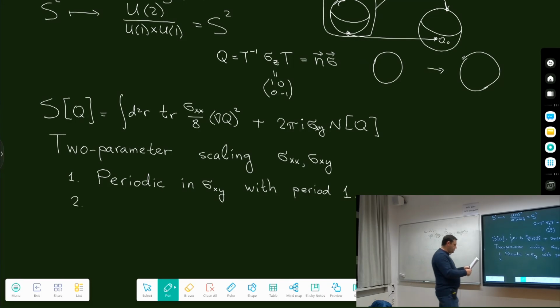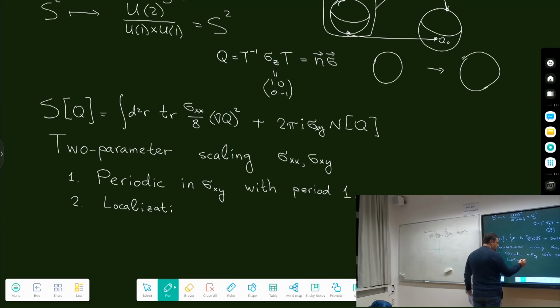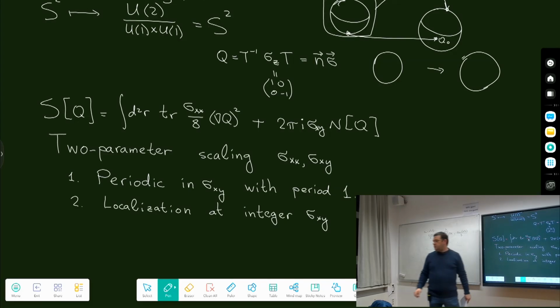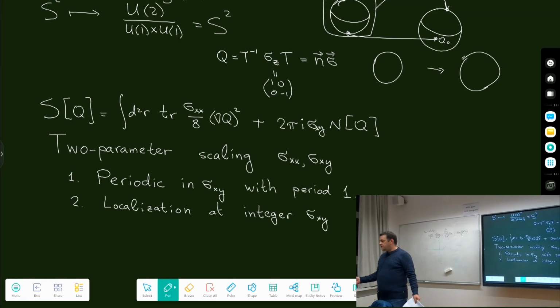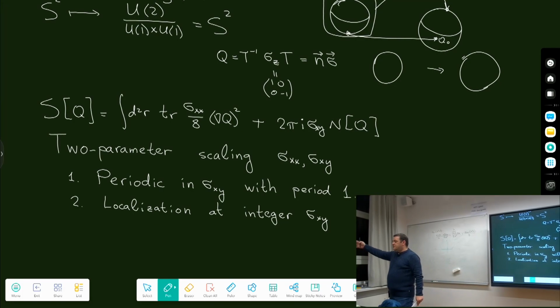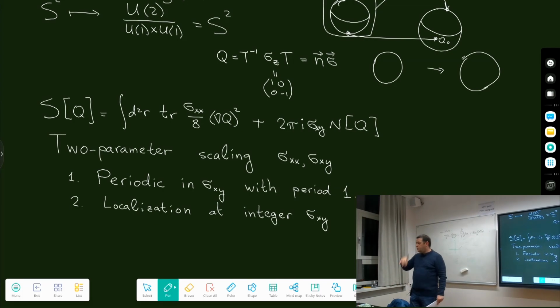So the second thing is the following: full localization at any integer value of sigma xy. For sigma xy equal to 0, we know there is localization, but also we know that if we add any integer number to sigma xy, nothing changes. So this localization should happen for all integer values of sigma xy.